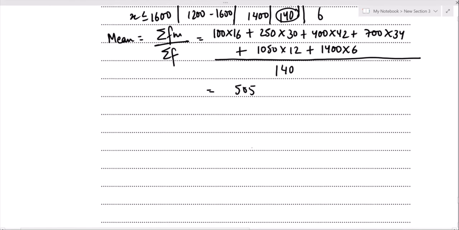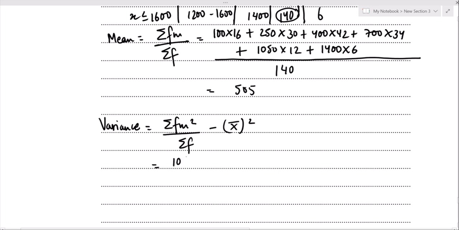And we also need to figure out the standard deviation. So in order to figure out the standard deviation, I'm going to figure out the variance first. So this is going to be summation fm squared divided by summation f minus the mean squared. So let's substitute the values.